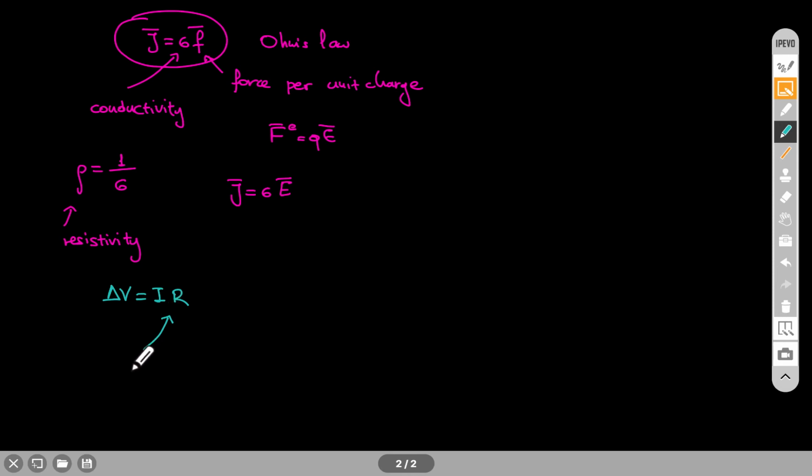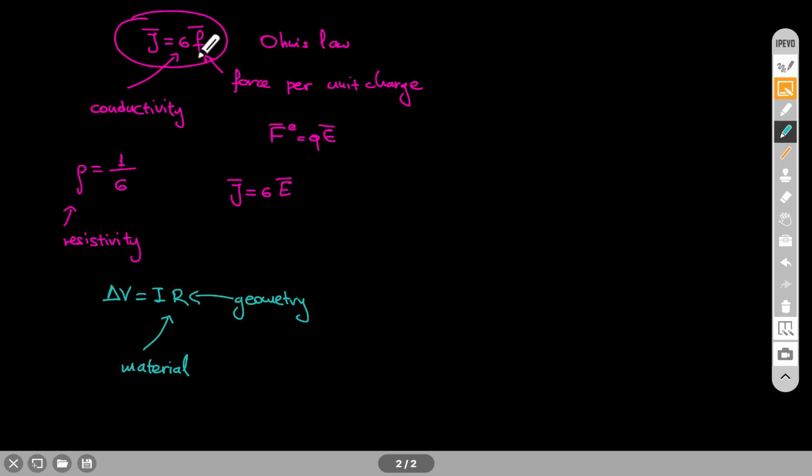The resistance R depends not only on the material that the resistor is made of, but it also depends on the geometry. And by geometry, I mean the length, the cross-sectional area, the direction in which the current is flowing, and I will show you two different examples of that.